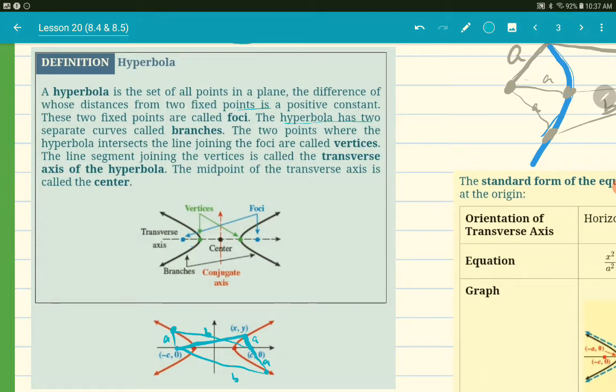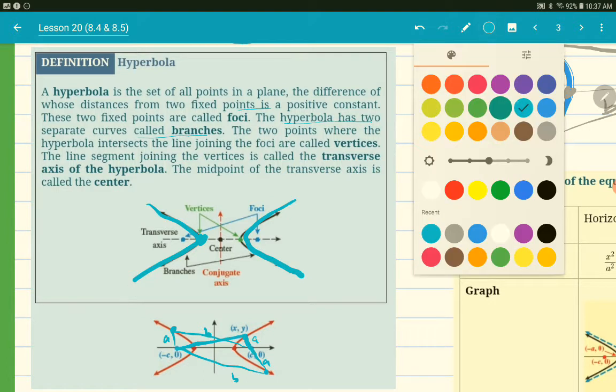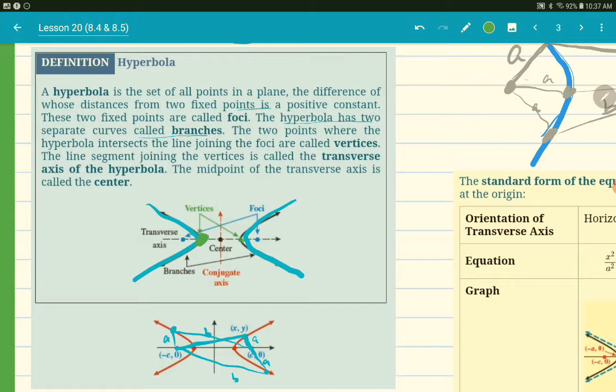The hyperbola has two separate curves. Each of these curves is called a branch. So that's one branch and there are two branches. The two points where the hyperbola intersects the line joining the foci are called the vertices. So we have our vertices at the tips here. The line segment joining the vertices is the transverse axis.